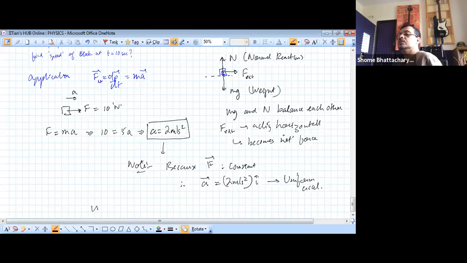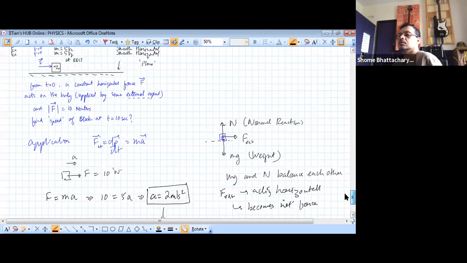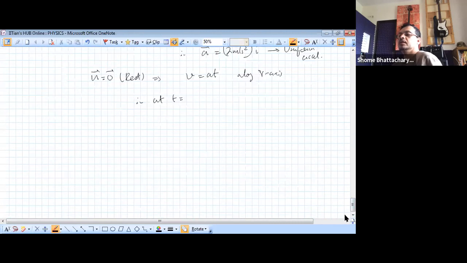And initial velocity was 0, because it starts from rest. So therefore we can say that the velocity after time t is at along the x-axis. So therefore at t equal to, what was it, 10 seconds? Yeah, at t equal to 10 seconds, velocity will become 20 meters per second.